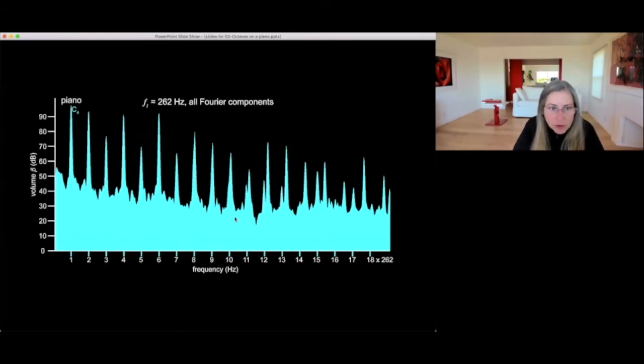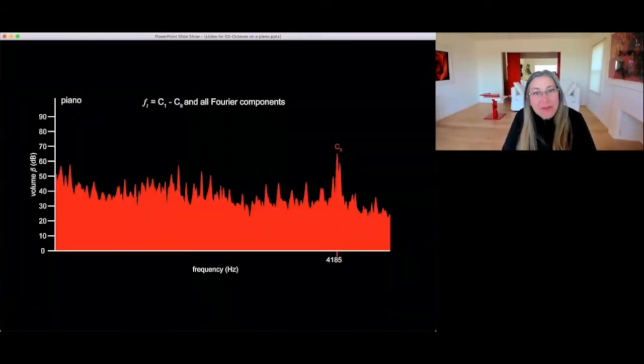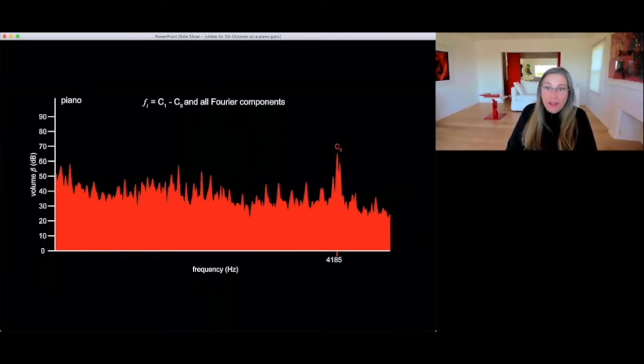I am now going to play a number of octaves. And in particular, I'm going to start from high frequency, from C8, and then go down one octave at a time to C7, C6, and so on. So I start from C8, which sounds like this.